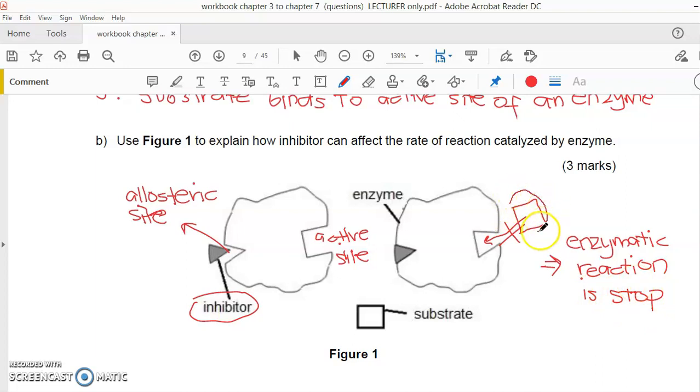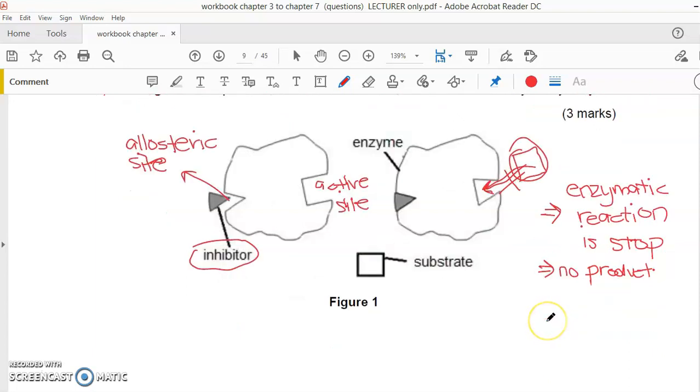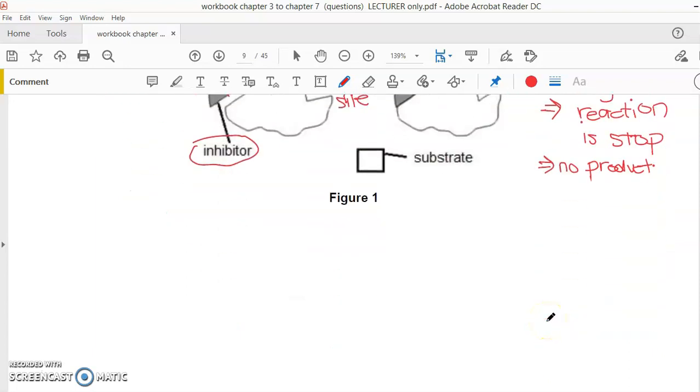Because the substrate is now unable to bind to the active site of this enzyme. Therefore, no product shall be produced. Alright, so now let's have a look at the following questions.